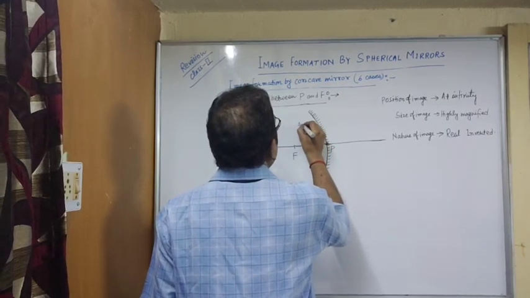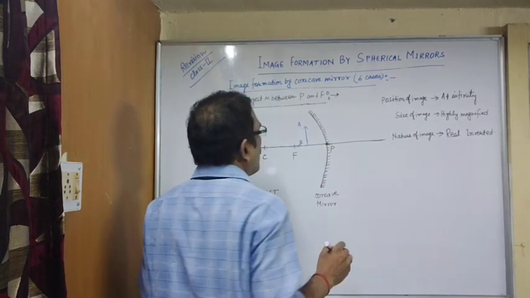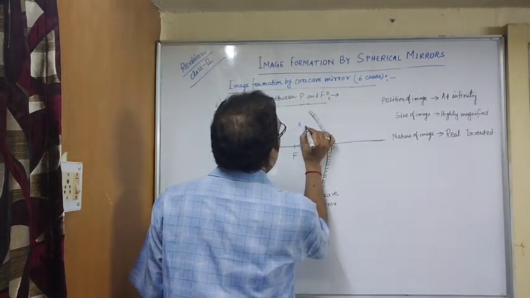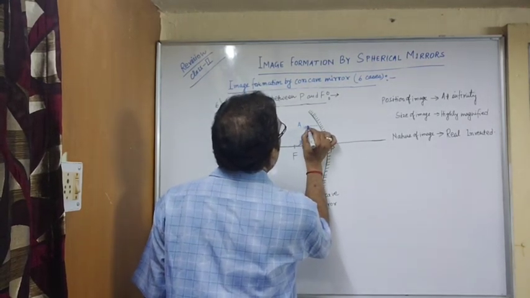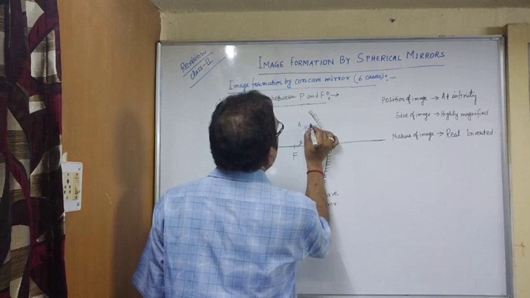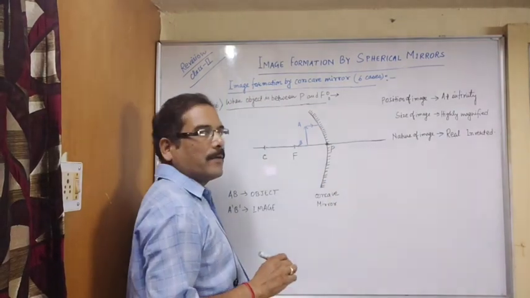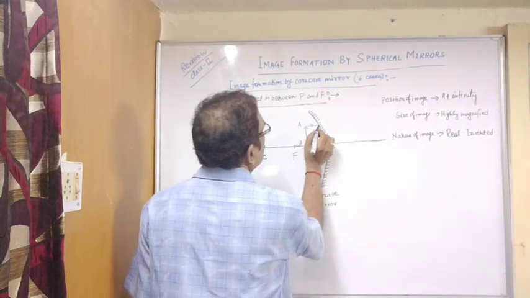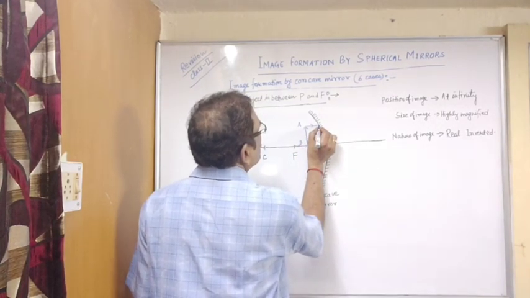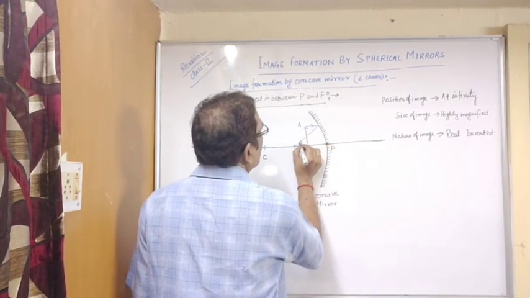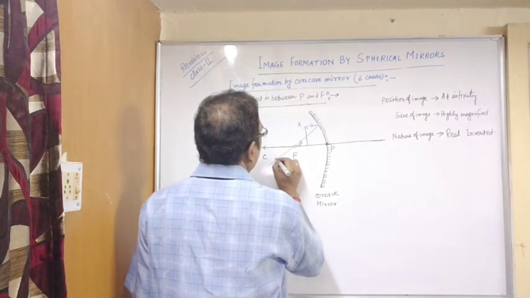Let AB be the object. Again we take a ray parallel to principal axis. Suppose this is the ray which is parallel to principal axis, and after reflection this ray will pass through focus.